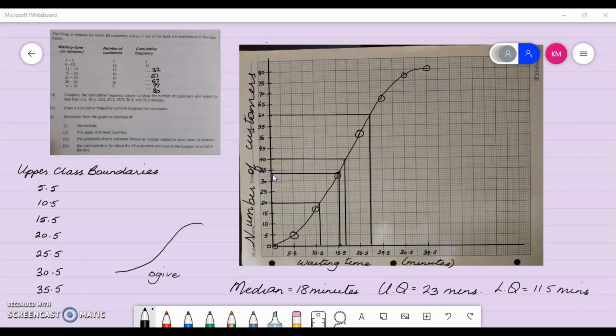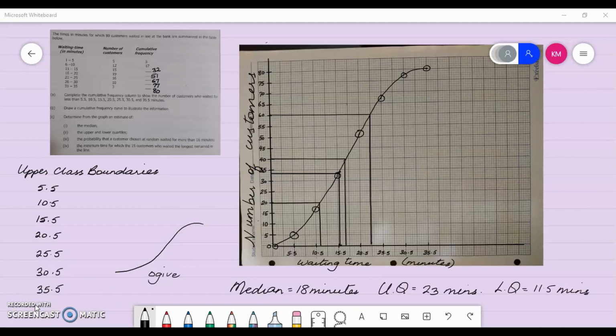Now, this number on the axis represents those persons who waited for less than 16 minutes. So to find the number who waited for more than 16 minutes, what I have to do is subtract this value from 80. And that is going to be that total number of customers who waited for more than 16 minutes.